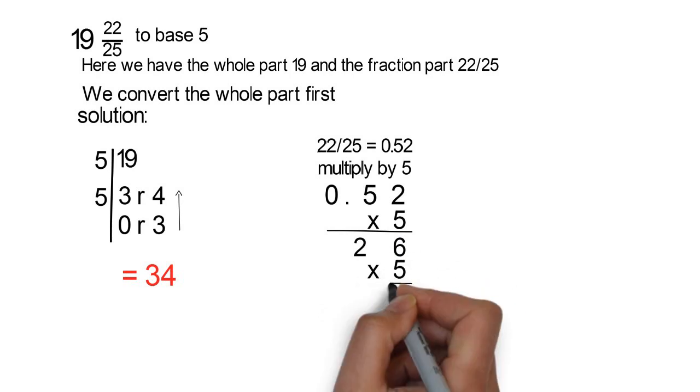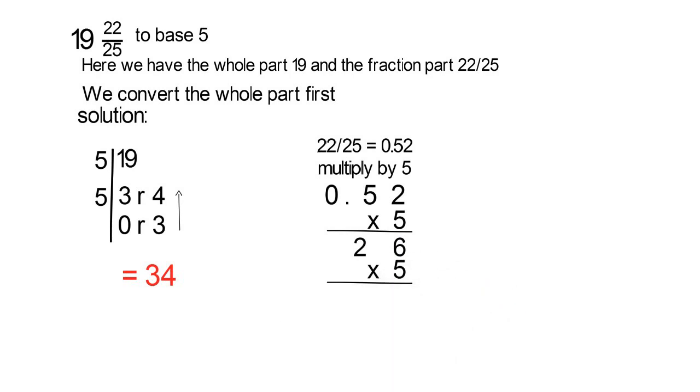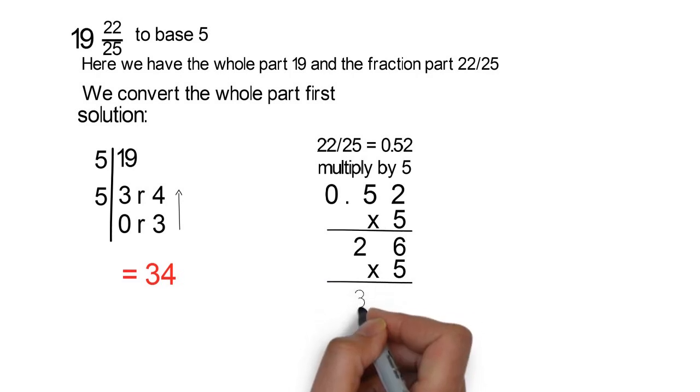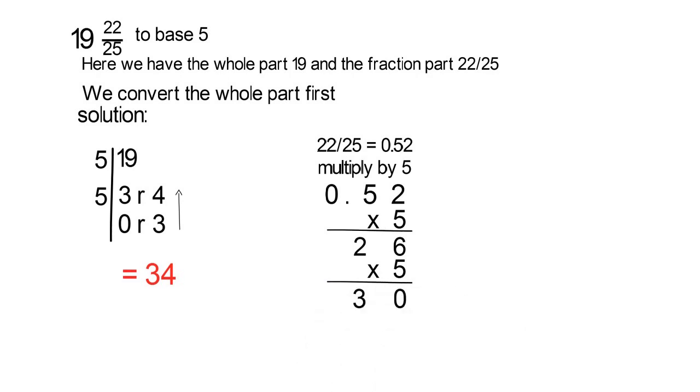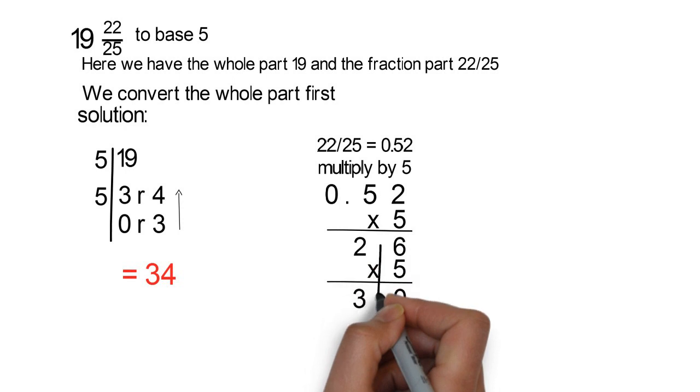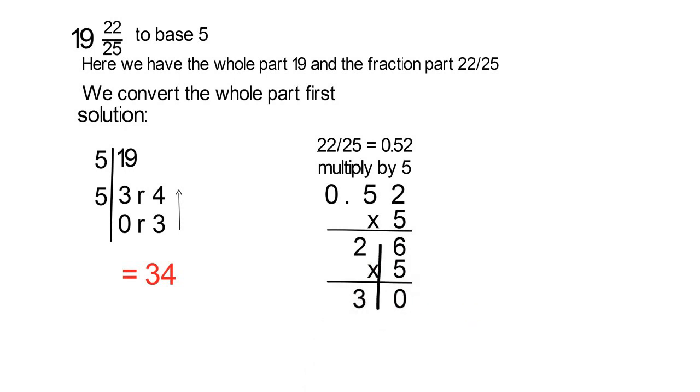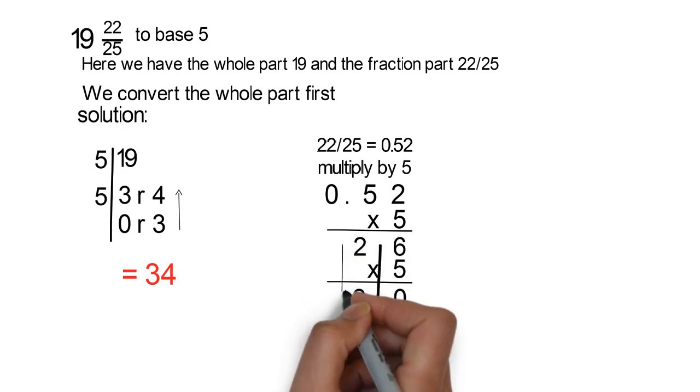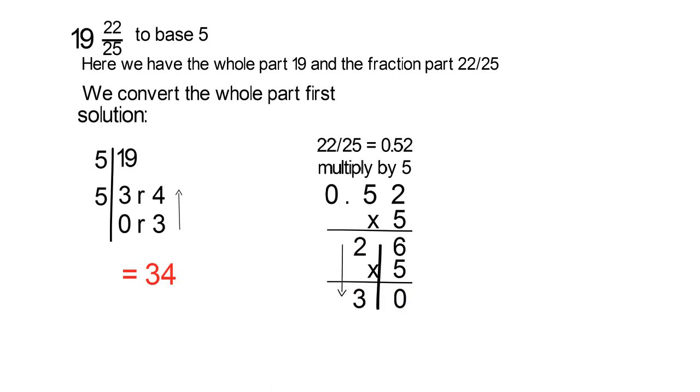I have 5 times 0.4 will give me 2.0. So getting 2.0 now, if I multiply 5 by 0, I get 0. So I just stop. I demarcate with a line now.